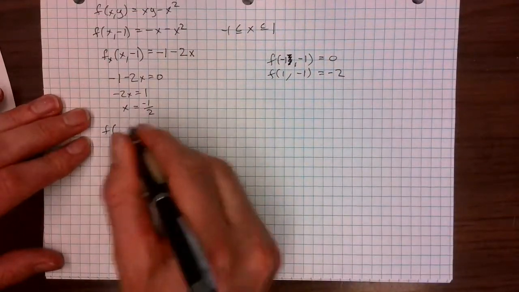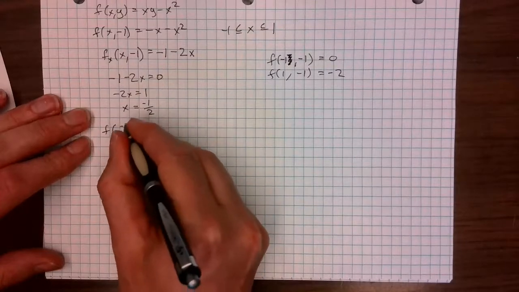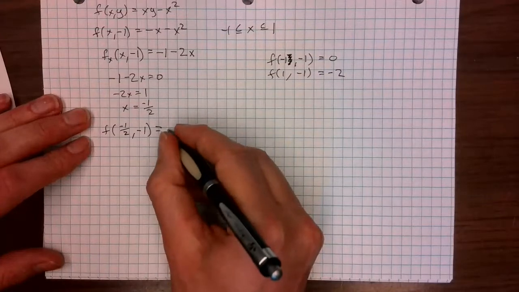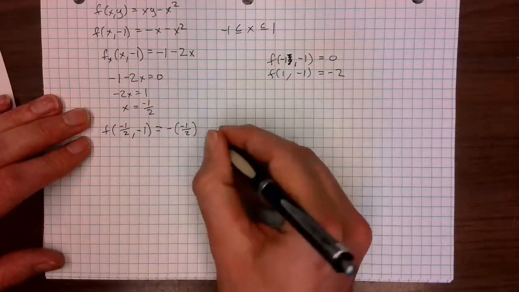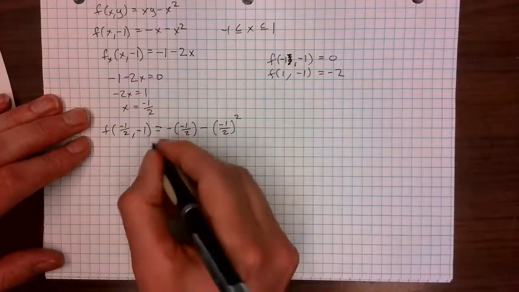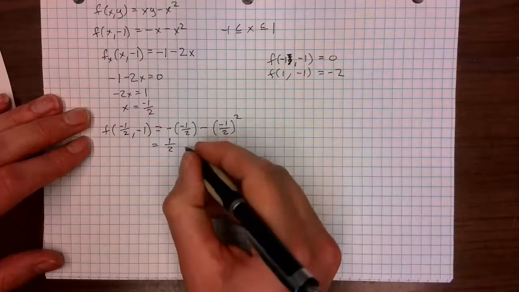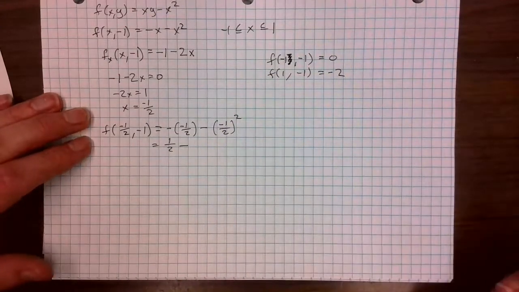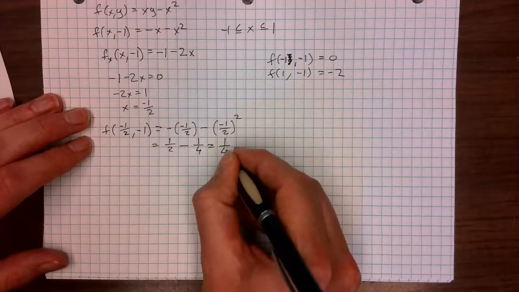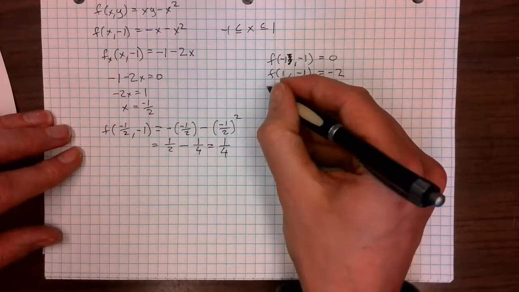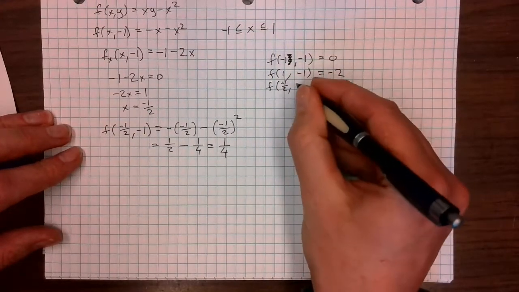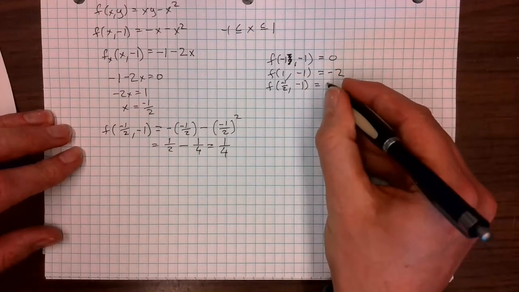So well, let's just plug in. So I have f of -1/2, -1, and so that's minus 1/2 minus (-1/2) squared, right? So this is -1/2 minus 1/4... so the value is one quarter.